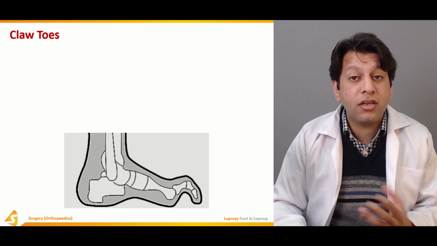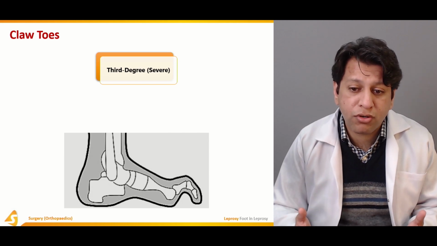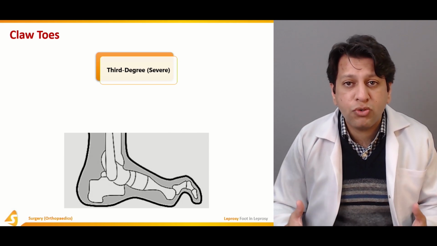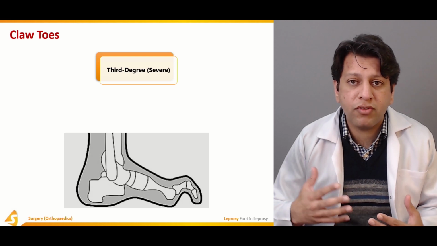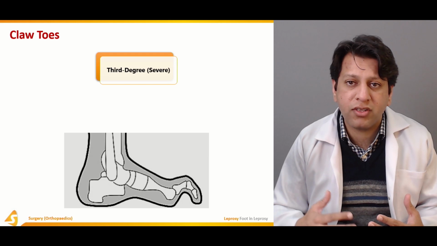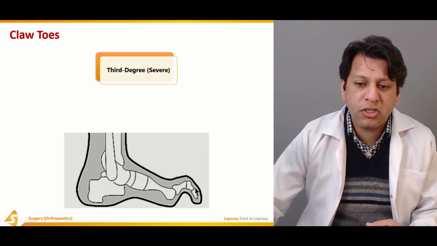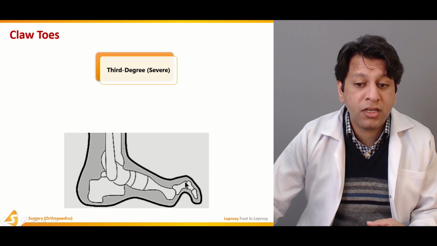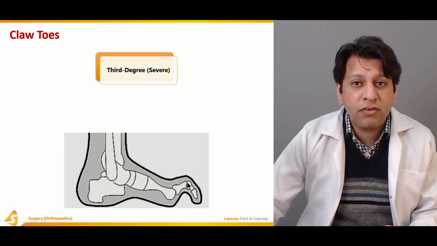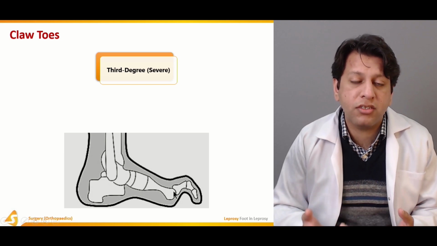Now coming to third degree claw toes. This is a severe form of claw toe in which almost all the joints have gone into either a fixed flexion deformity or a fixed extension deformity. If you see, this is the distal interphalangeal joint, which is in fixed flexion deformity. The proximal interphalangeal joint is in fixed flexion deformity, and the metatarsophalangeal joint is in fixed extension deformity.